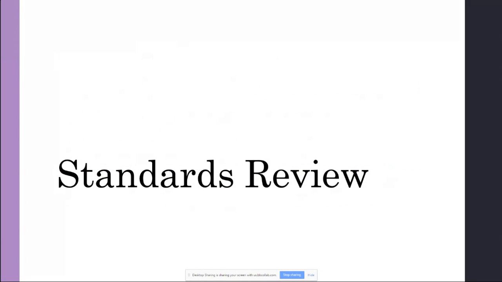So the standards review, real quick, way back in February, I talked about why academic standards, and a little over a century ago, there was concern by a number of different states, starting in the Northeast and then spreading across the rest of the country, over education, the educational achievement of students.